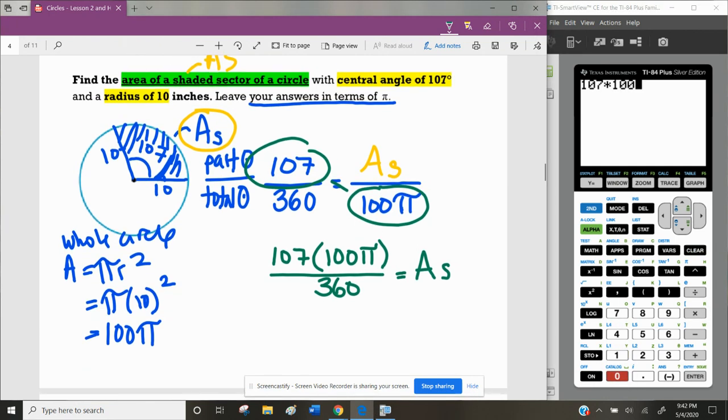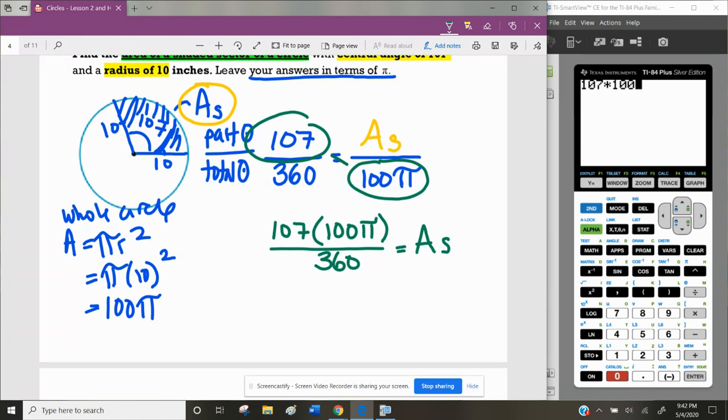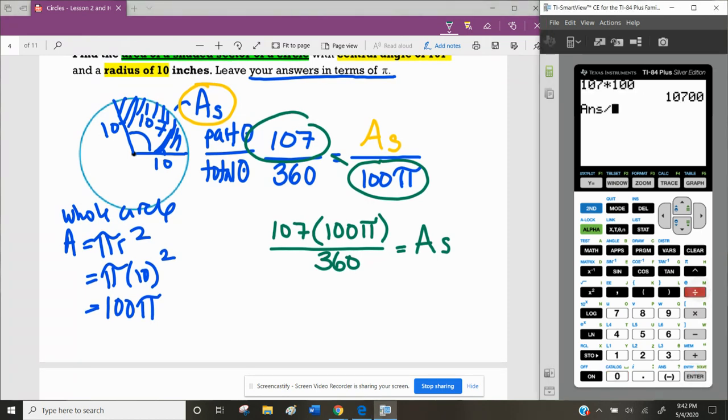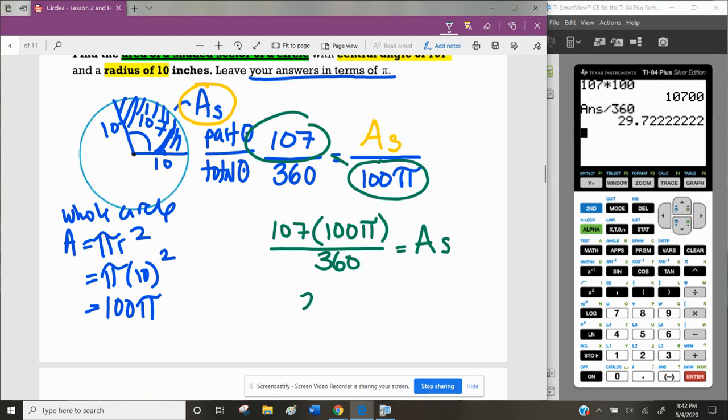This question said to leave in terms of pi, so I'm not going to push the pi button. And I'm going to divide that by 360. Yucky. Okay, 29.72 repeating. Now remember, I didn't push the pi button in my calculation, so I'm going to write it as part of my answer. It's like leaving an exact area.